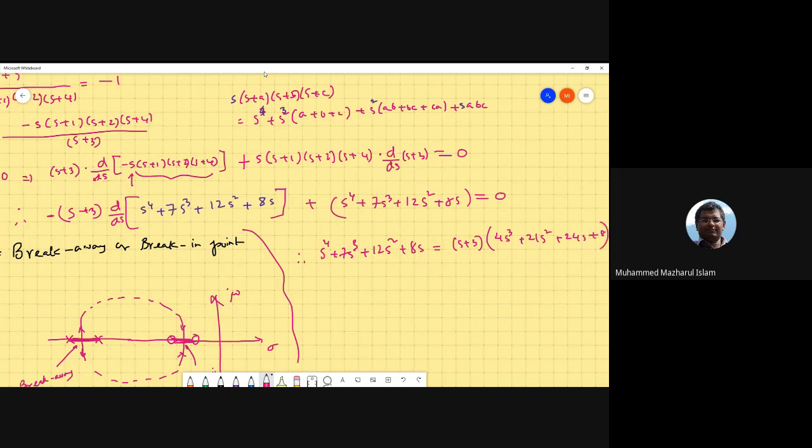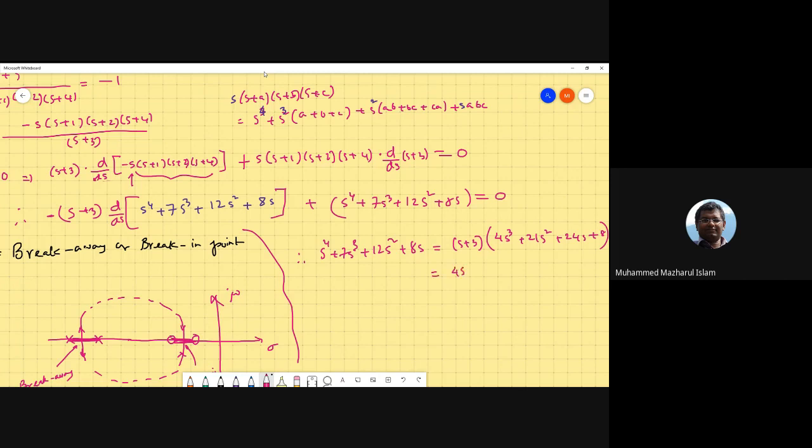So you have to multiply the right side, and both sides will be a fourth order polynomial of s. Now you just need to compare the coefficients. Ultimately, can you multiply the right side?